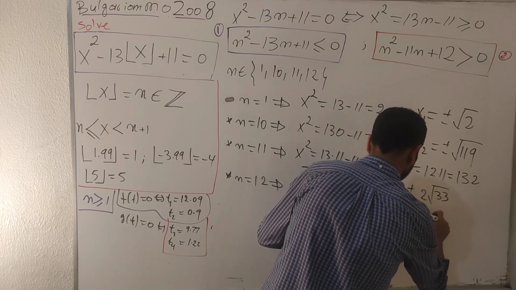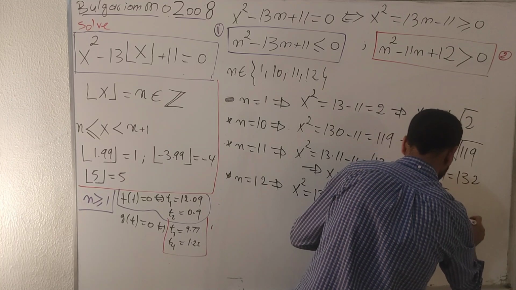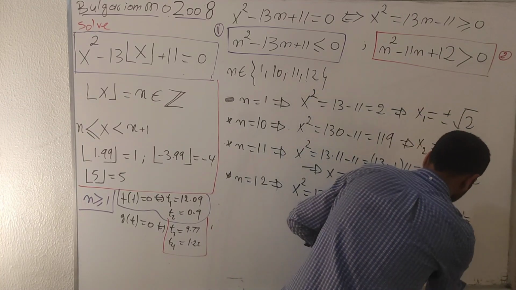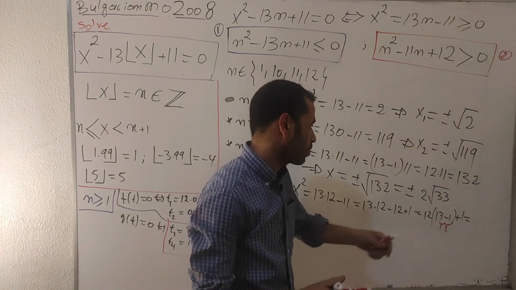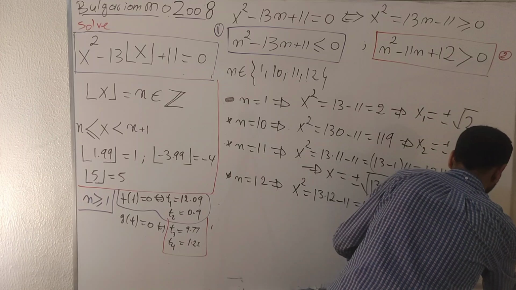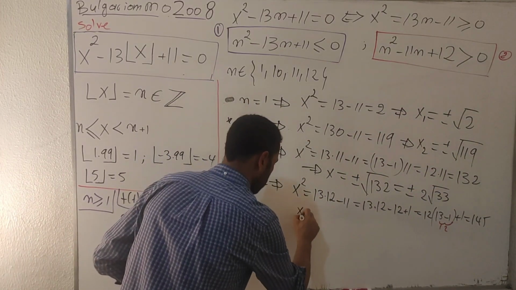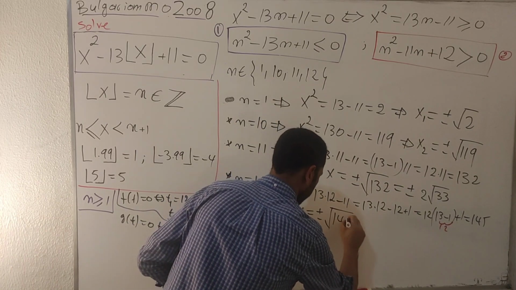Taking 12 as a common factor, I get 13 minus 1 plus 1. 13 minus 1 is 12. 12 multiplied by 12 is 144. 144 plus number 1 is 145 without using the calculator. So we get x equals plus or minus square root of 145.